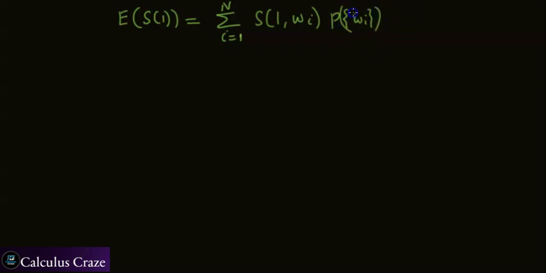The expected value of S of 1 is equal to the summation, i equal to 1 to n, of S of 1 at omega i times p sub i, the probability of that event happening.